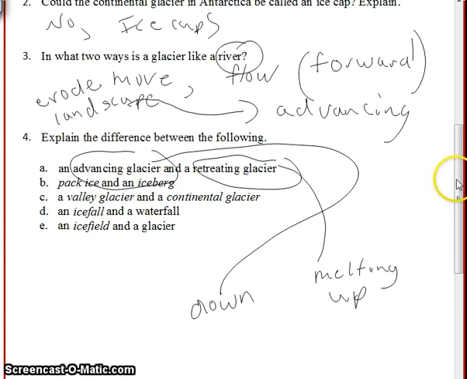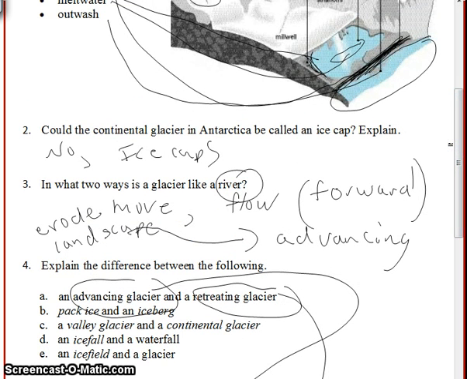Sorry, let's go back to this term. Ice caps, my fault. Ice caps are glaciers that form an extensive area that's flat. So Antarctica could be considered an ice cap, okay? So sorry about that. Let's talk about an ice field.